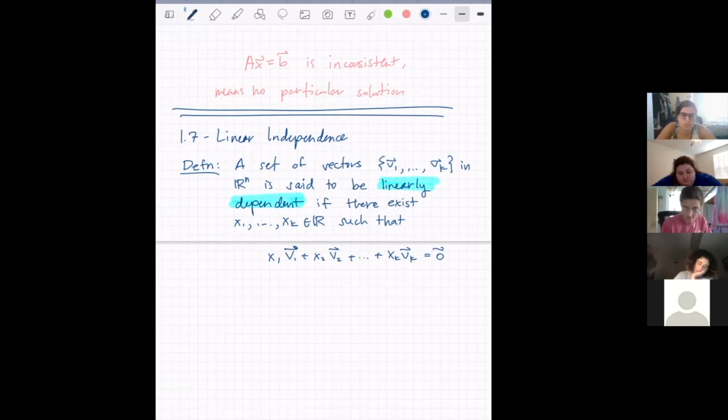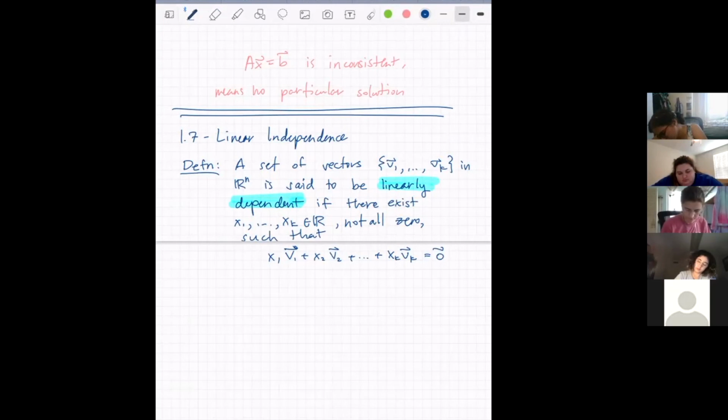So another way of thinking about it, because this is a vector equation, what this means, yes, so that's an important point: there exist x1 up to xk, not all 0, so at least one non-zero, such that we get this relation.